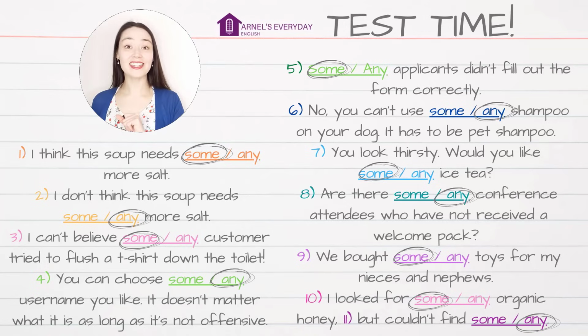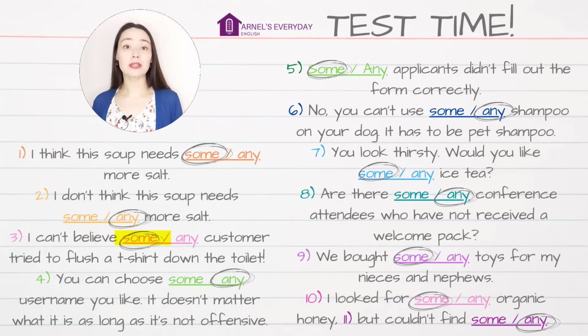Here are the answers. Let's take a look. Numbers 1 and 2, 8, 9, 10, and 11 all follow that basic rule, some in positive sentences, any in negatives and questions. Number 5 is kind of the exception. Some is starting the sentence, so it's okay, it's part of a negative sentence.